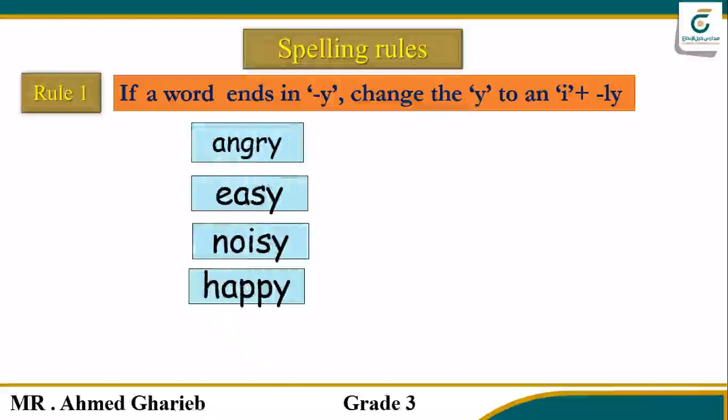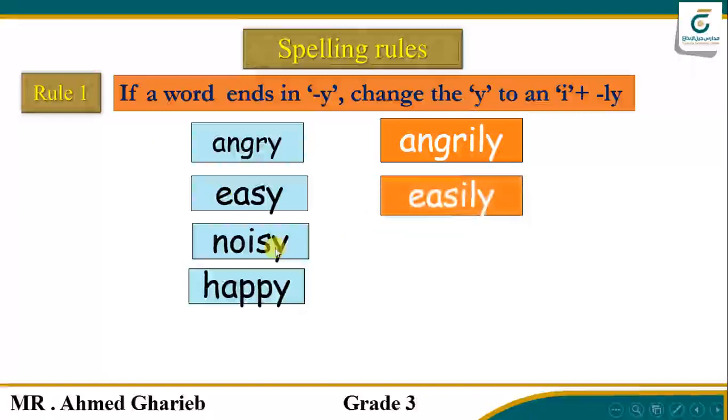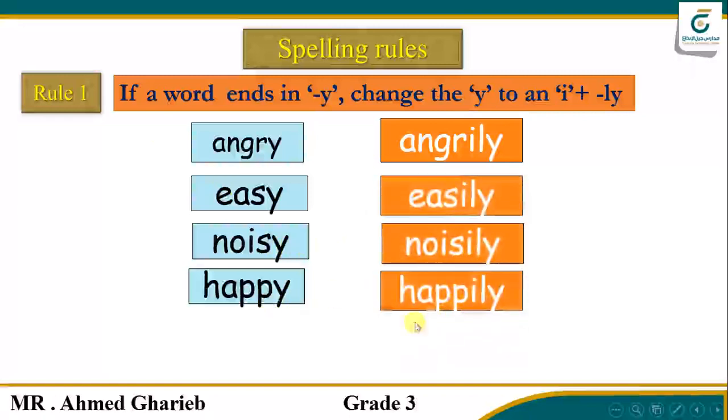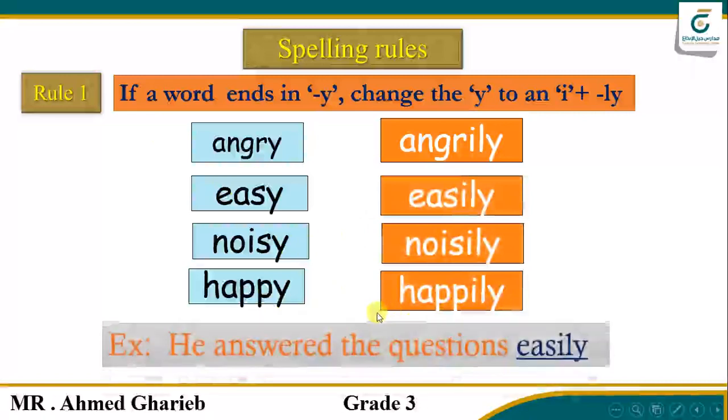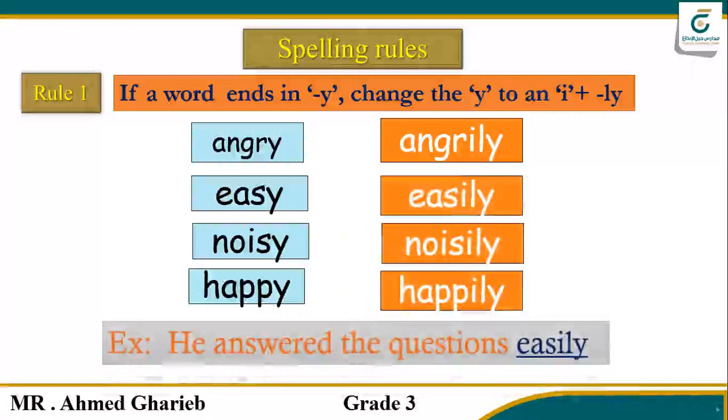Change y into i, add ly. Angry, angrily. Easy, easily. Noisy, noisily. Happy, happily. Let's see an example. He answered the questions easily. How did he answer the question? Easily. Easily describes answered.